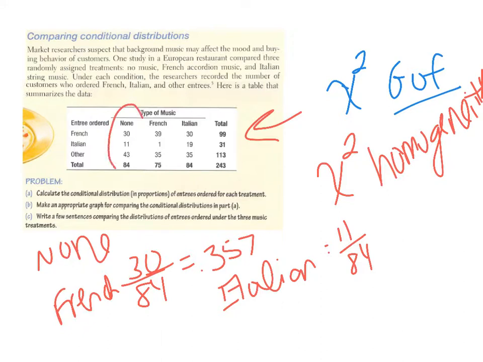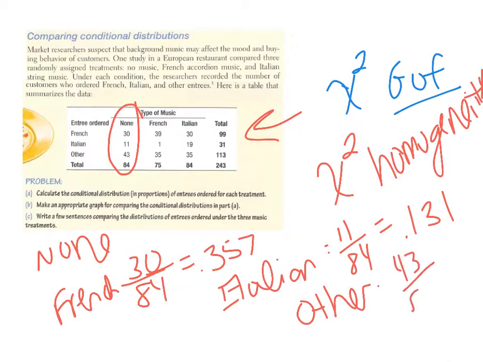So we're just going down this column right here, right? No music. And I'm looking at my proportions for these, 0.131. And then other, so not French or Italian, I get 43 out of 84, or a proportion of 0.512.